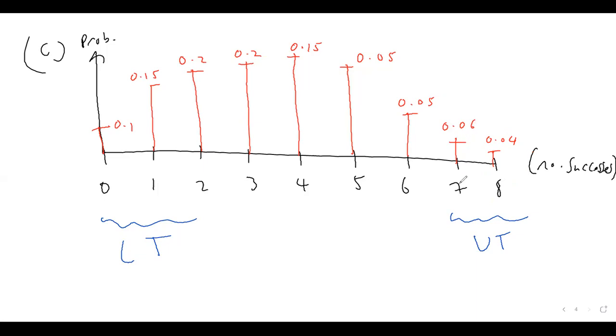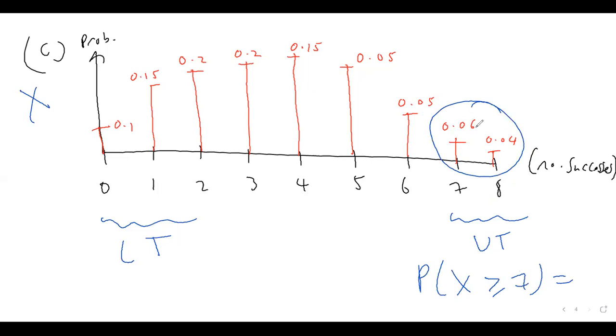Let's call this distribution X. The probability that X is bigger than or equal to 7, from our distribution, would be 0.06 plus 0.04, so that's 10%. That's bigger than 5%. So 7's not in our critical region, but 8 would be.